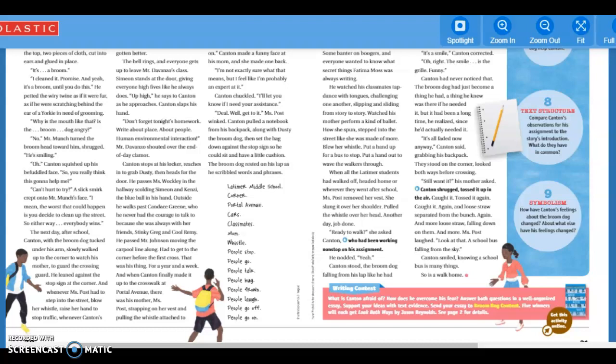Then I noticed the Broom dog became pretty important to him, and then I noticed at the very end of the story that the Broom dog really wasn't as important to him. He was just tossing it up and down in the air. And I thought that was an interesting change over the course of the story for Canton and this Broom dog.